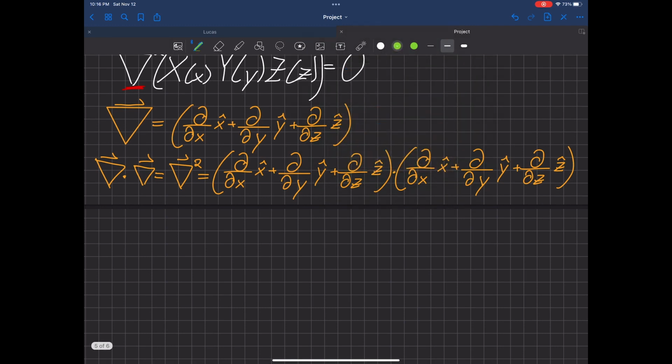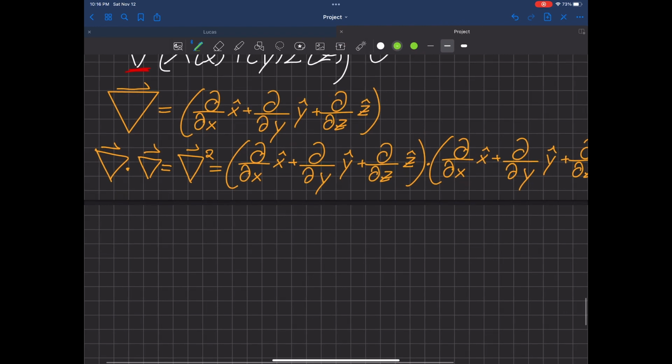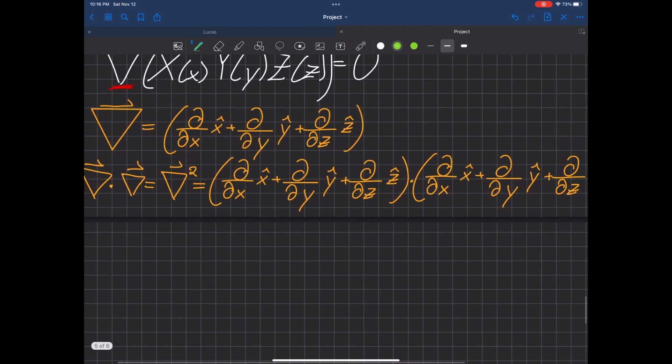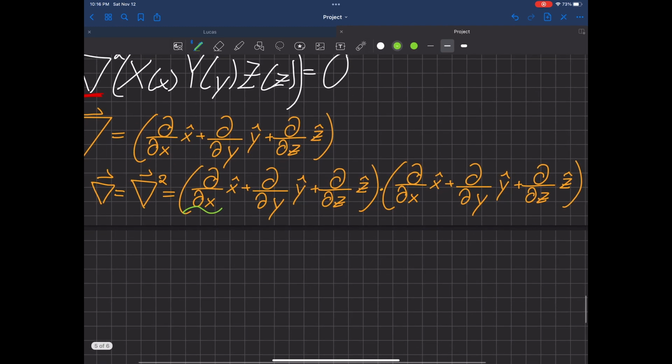But, just to give you a better math background, we're basically going to FOIL this. So we're going to have this del per del x in the x hat direction dotted with del per del x, x hat.